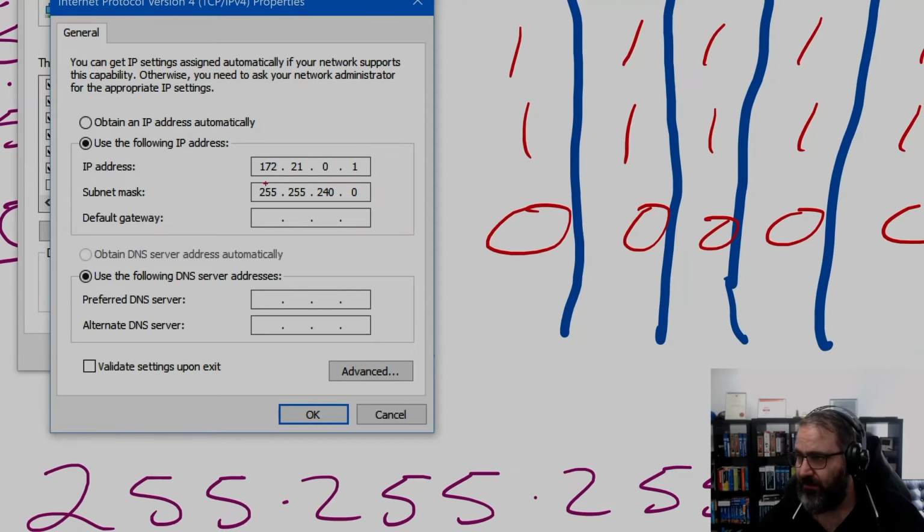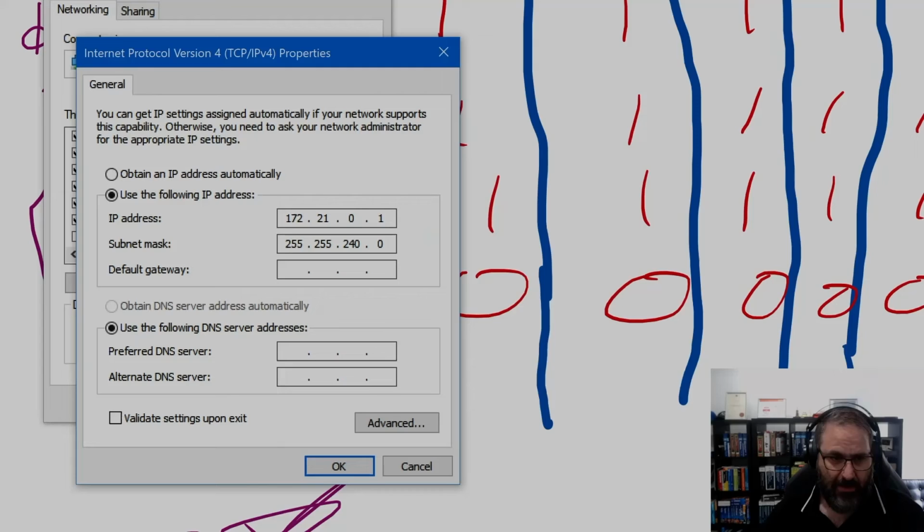I've got 255. Just having a bit of trouble with my ZoomIt tool, but anyway, you can see the subnet mask there. 255.240. That's interesting. Why is that not 255?